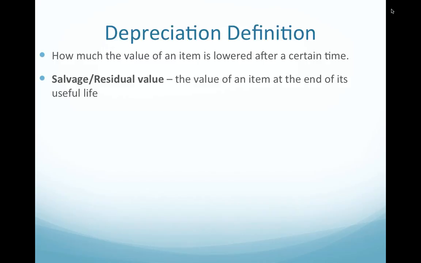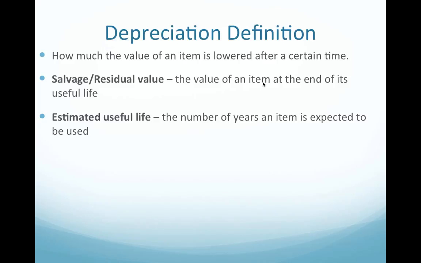Okay, for business purposes, we're going to look at some concepts for depreciation. We're going to have salvage value, and that's what the asset is worth after it's depreciated down as far as it can go. We're going to look at estimated useful life. That is the number of years an item is expected to be used.